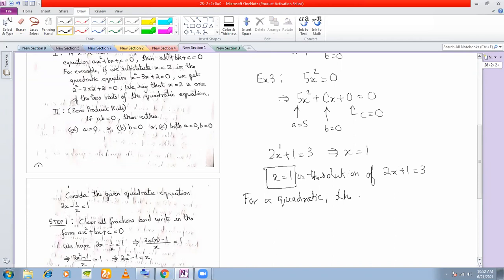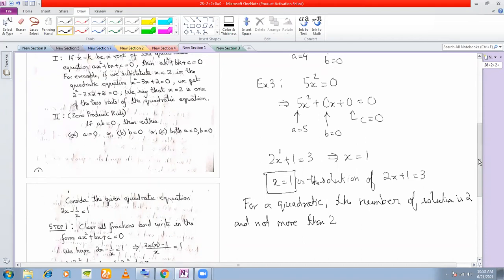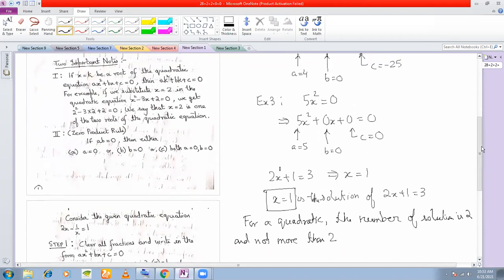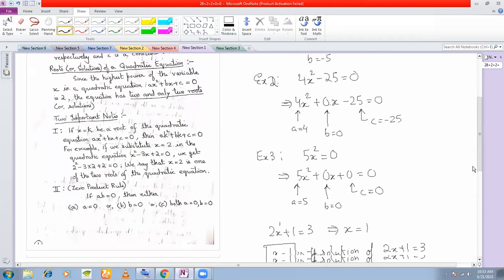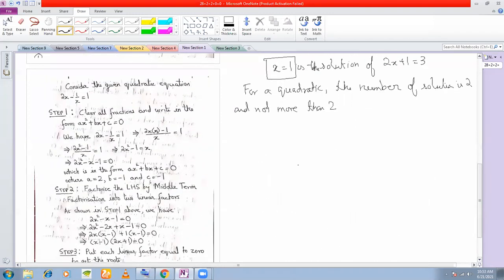The number of solutions is 2 and not more than 2. That means exactly two solutions you will get, okay, for a quadratic equation. Why will we get two solutions? Because the power of x in the quadratic equation is 2.